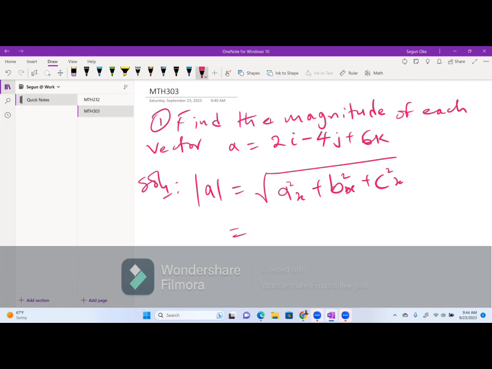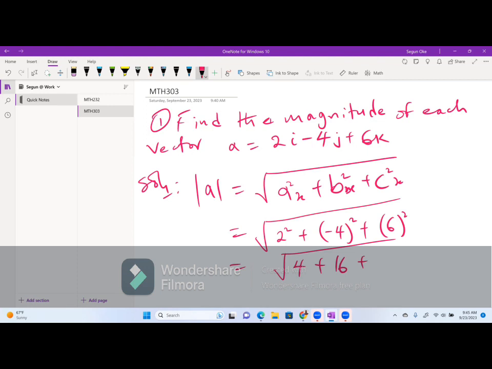What represents a in this case? It is 2 squared plus (minus 4) squared plus 6 squared. So what do we have? We have 4 plus 16 plus 36. So at the end of the day, we have the square root of 56.